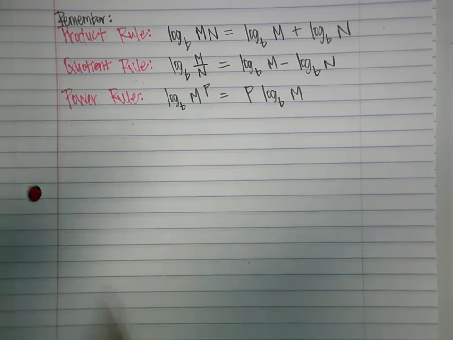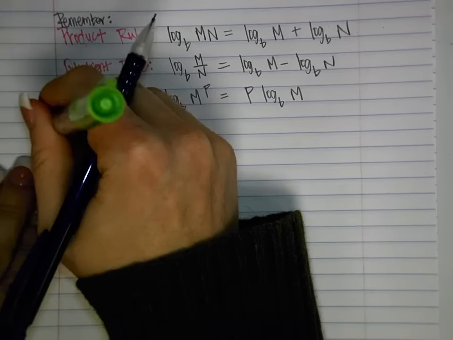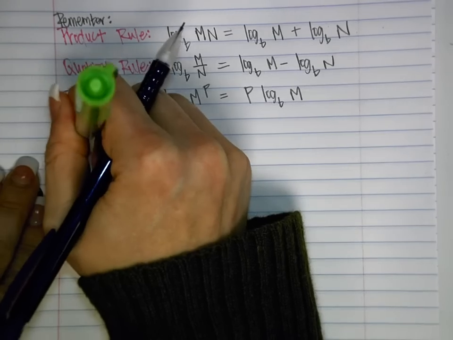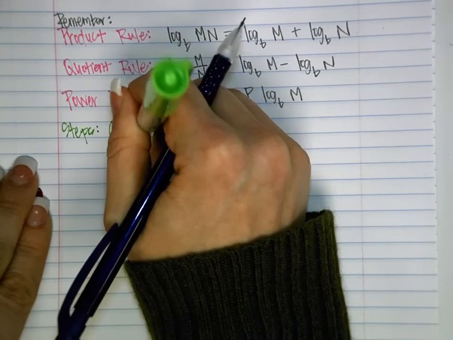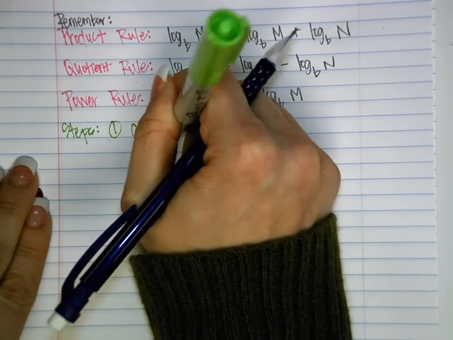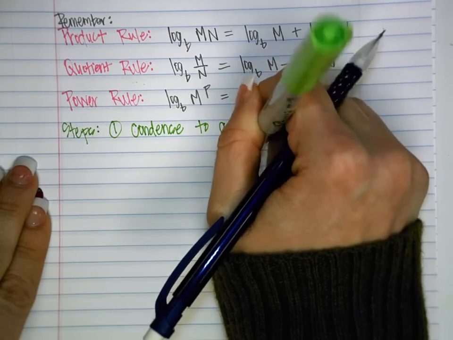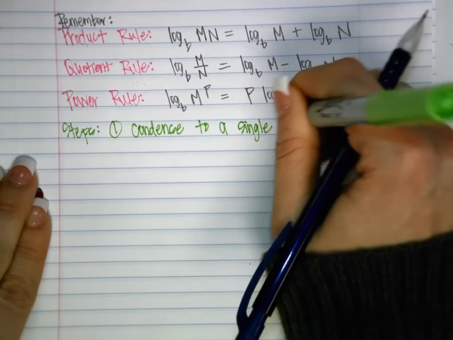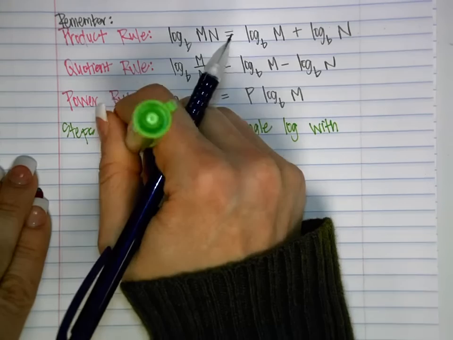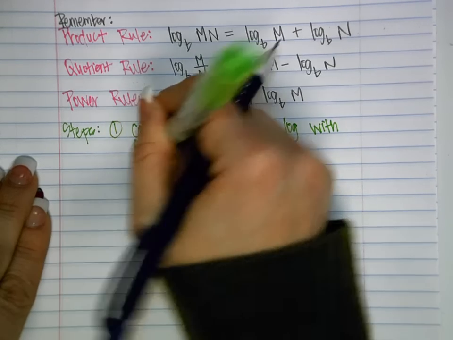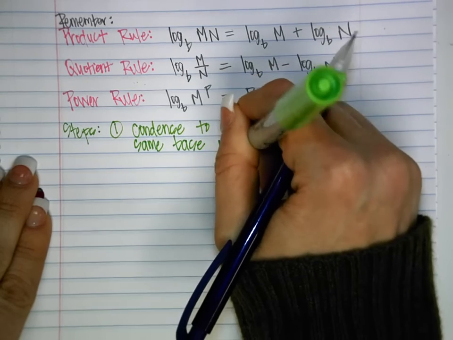So there are a couple of steps that we will take when we are solving log equations. Step 1 is to condense to a single log with the same base on each side.